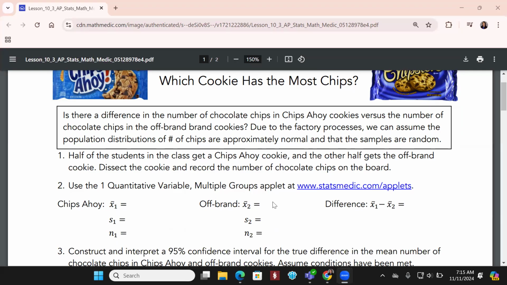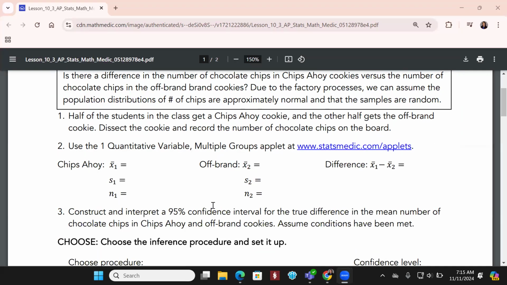So what we're going to do is find the mean, the standard deviation, and the number of samples. Let's say that in one, n is 16. Sixteen of you did this, and you got 2.49 for the standard deviation and 21.56 for the mean.